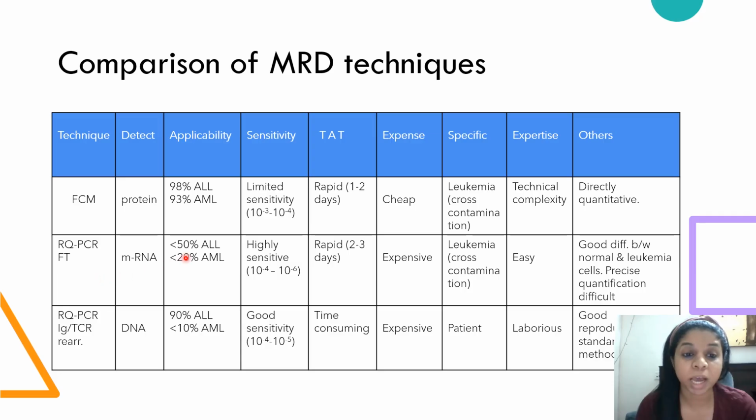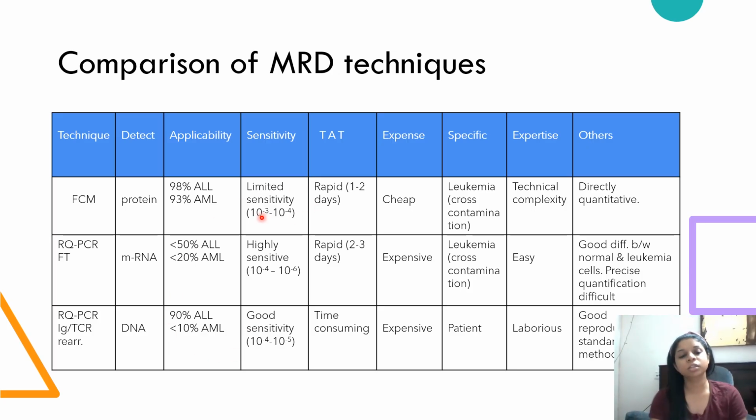Fusion transcripts have comparatively much less applicability, but between ALL and AML, they are more applicable in ALL. And the immunoglobulin and T cell receptor rearrangement by PCR is very useful in ALL only. And in AML, it has very little applicability.